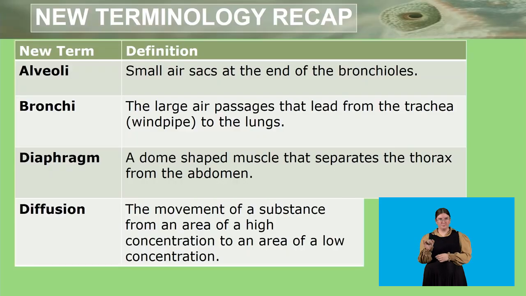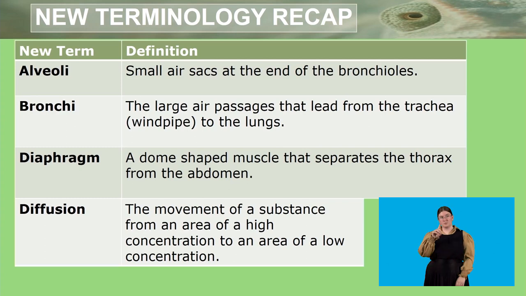We have covered terms like alveoli, which are small air sacs found at the end of the bronchioles. We learned of bronchi, which are the two large air passages that lead from the trachea, which is also called a windpipe, to the lungs.